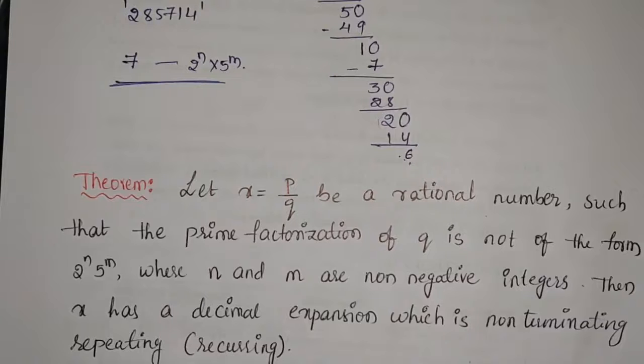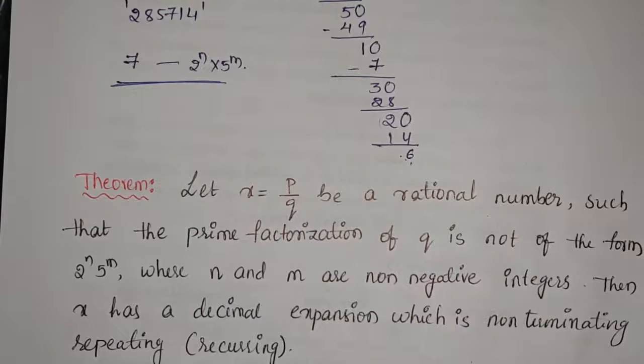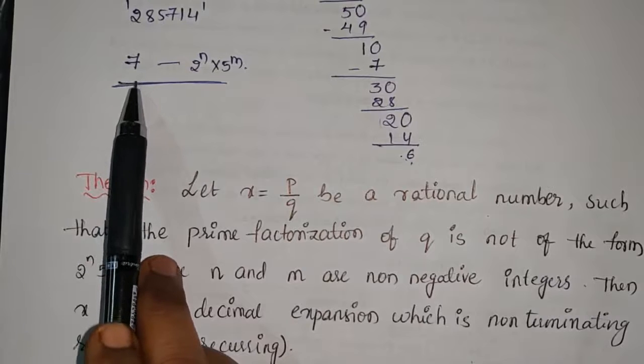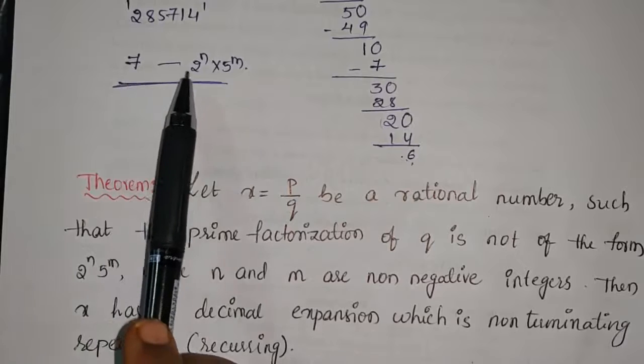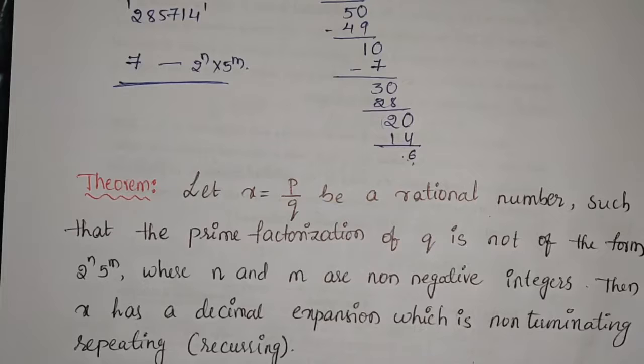So from the above example we can state the theorem that let x = p by q be a rational number. Okay, we have taken 2 by 7 as a rational number such that the prime factorization of q is not of the form 2 power n and 5 power m. Here the 7 is a denominator, so we are considering this as q. So the prime factorization of this denominator is not in the form of 2 power n and 5 power m, where n and m are non-negative integers, we know that.